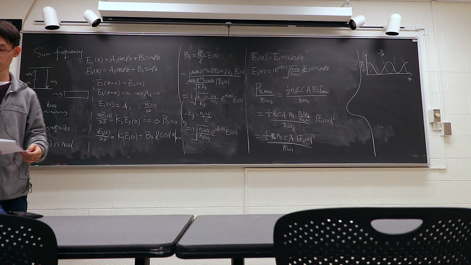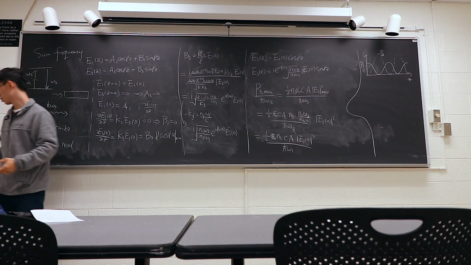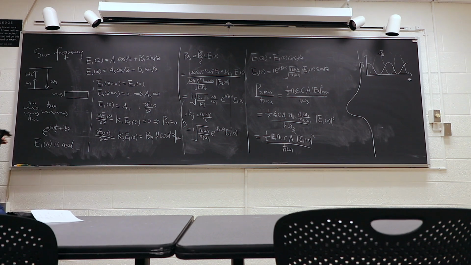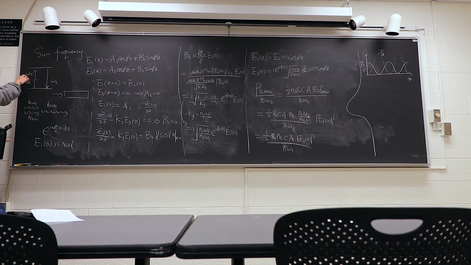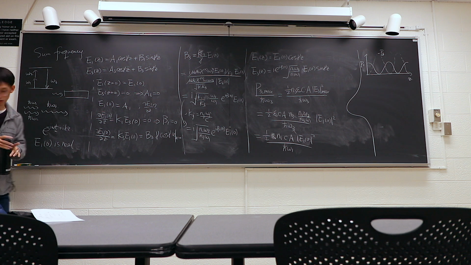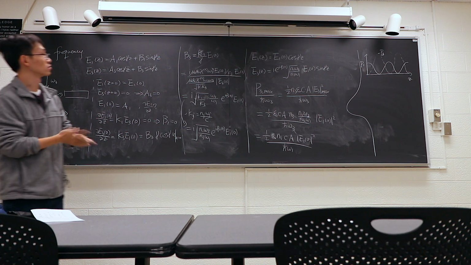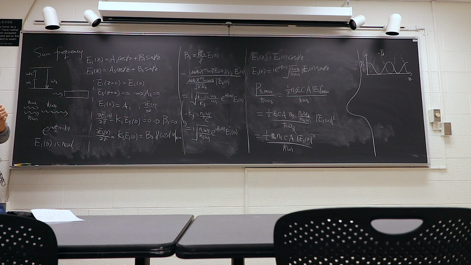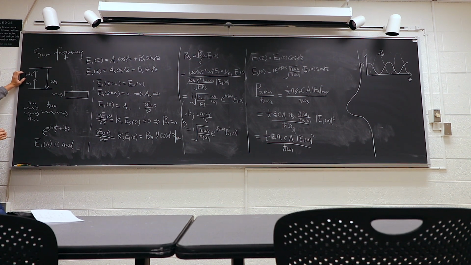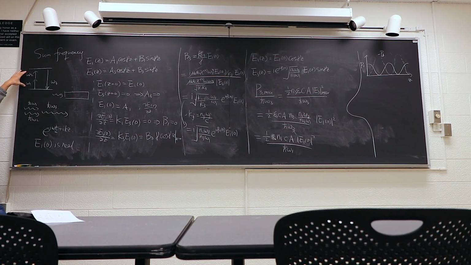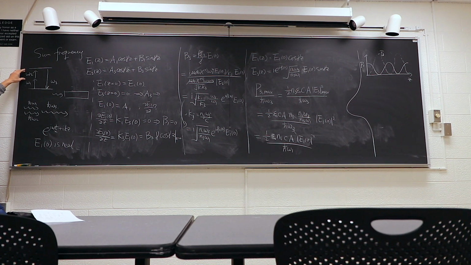And so what this also means is that for this sum frequency, you're not really using E2 very well, right? If there's a choice, suppose the total energy you input is the same, you probably want to increase E1 a little bit and decrease E2.